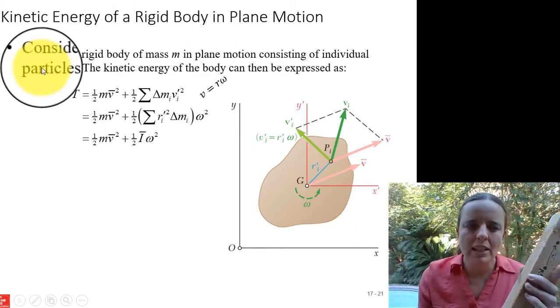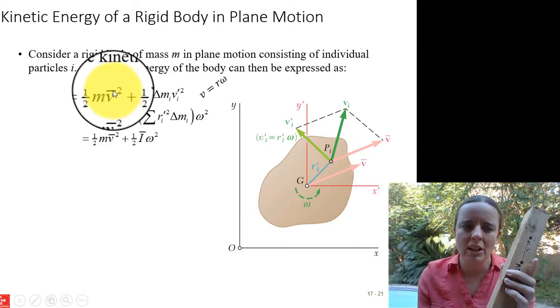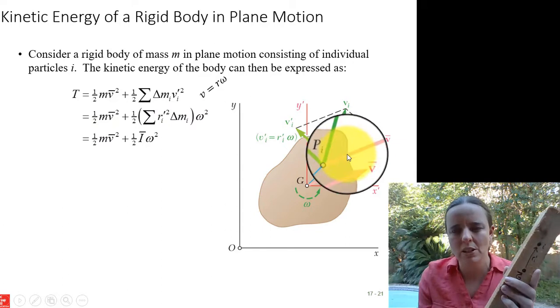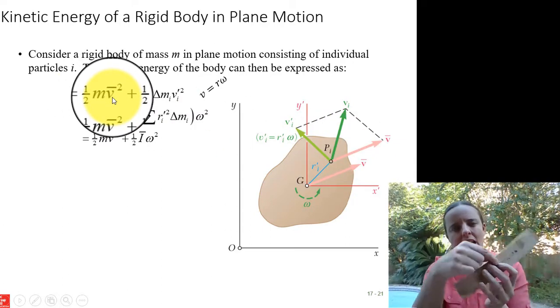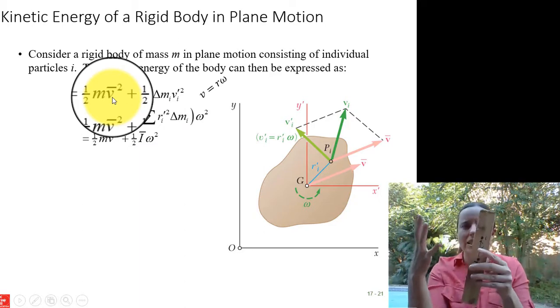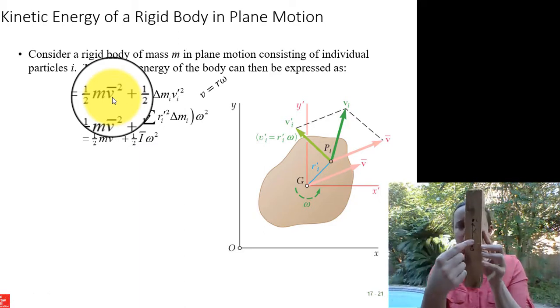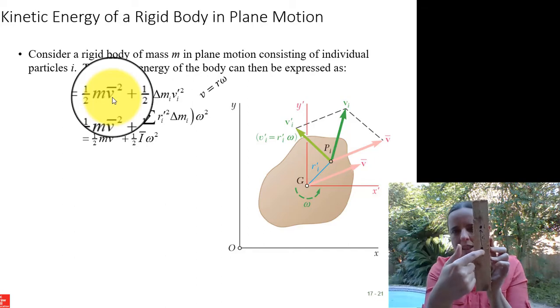For the nomenclature, if you see a letter that has a line on top of it, like a velocity with a line or position vector, that is talking about the velocity not of this corner over here, because that corner might have a different velocity, but the velocity of the center of the thing.